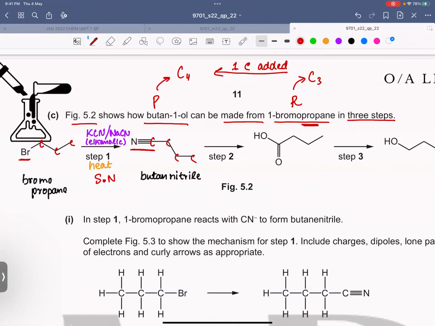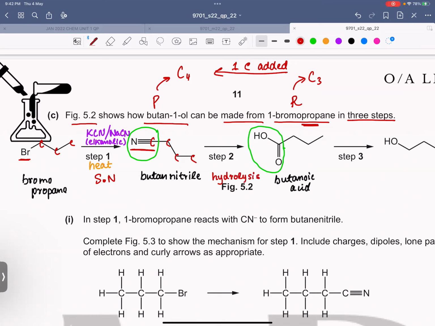Now, step 2. This is a nitrile, and the same carbon which is triply bonded to nitrogen turns into a carboxylic acid. So in step 2, butanenitrile turns into butanoic acid. The type of this reaction is hydrolysis.